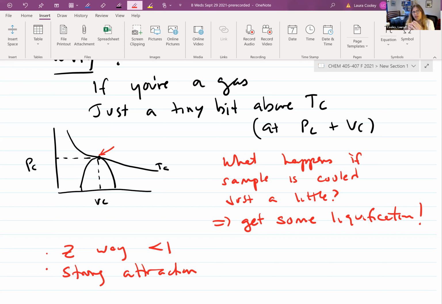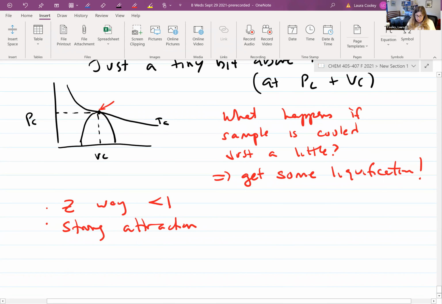For water, it's 647, maybe 648 Kelvin, just above its critical temperature at PC and VC for water. And for both of those different substances at really very different temperatures, but both just above their critical points, if you just cool it down a little bit, you're going to get liquefaction for both.